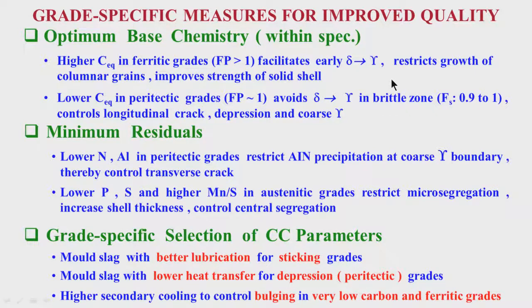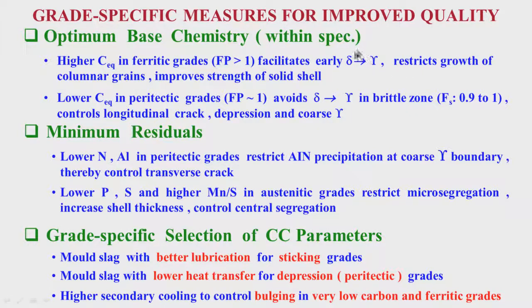I have told you the high temperature strength of delta ferrite is much less, maybe about 20% or 15% of that of the high temperature strength of austenite solid shell. So for ferritic solidification, the issue is soft ferrite, which might create problems. There might be crack formation because it cannot withstand your ferrostatic pressure and things like that.